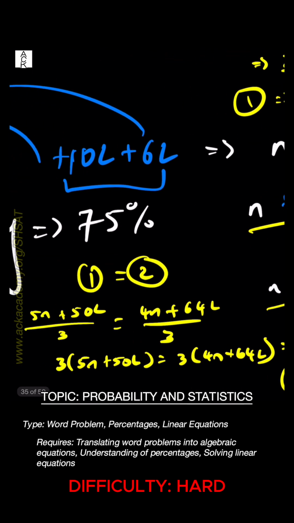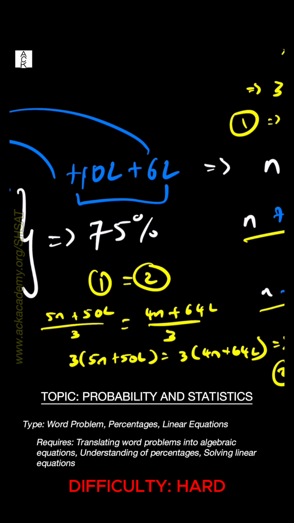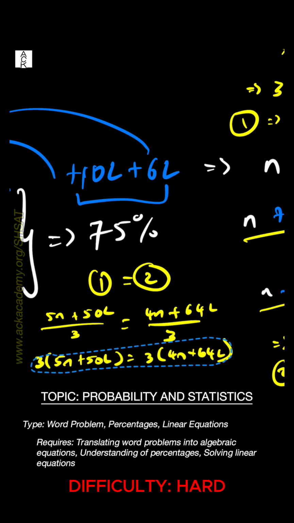And when we solve this, we can actually just get rid of the 3's because they're on the same side. Those cancel out.